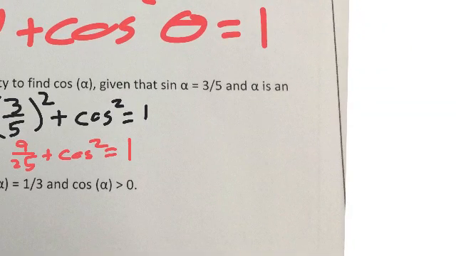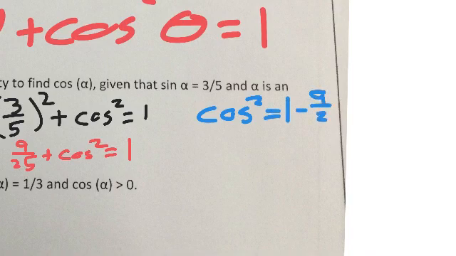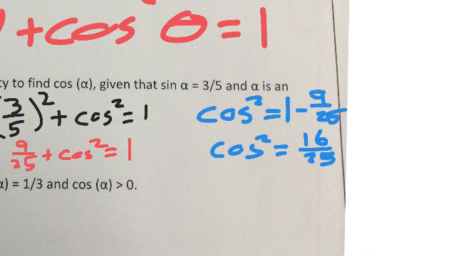Now I want to isolate cosine squared, so I move the 9/25 over and it becomes negative. So I've got cosine squared equals 1 minus 9/25, which means cosine squared is equal to 16/25. When we subtract that, we get 16/25. Now, we don't care what cosine squared is. We want to know what cosine is.